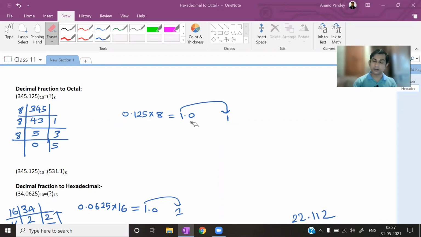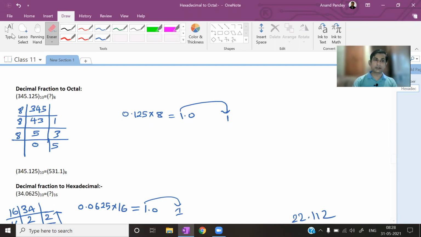In this example we got 0 in the first calculation, so here we stopped. So 531.1 is the answer for this decimal fraction, which we have converted into octal. Same process, instead of 2, here we use 8.